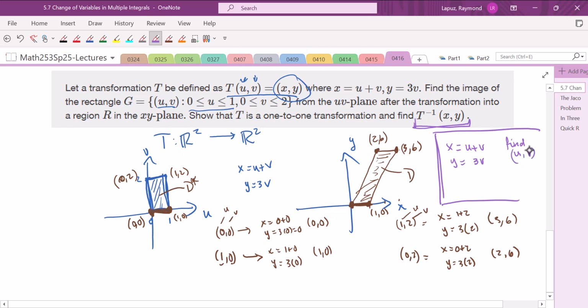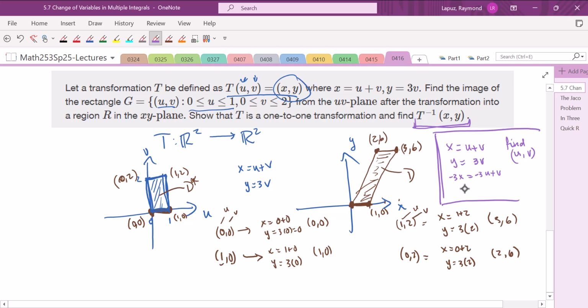All right. So what I would do is I want to solve for u and v. I treat it like a system of equations by maybe multiplying the first one by -3, and then adding it.